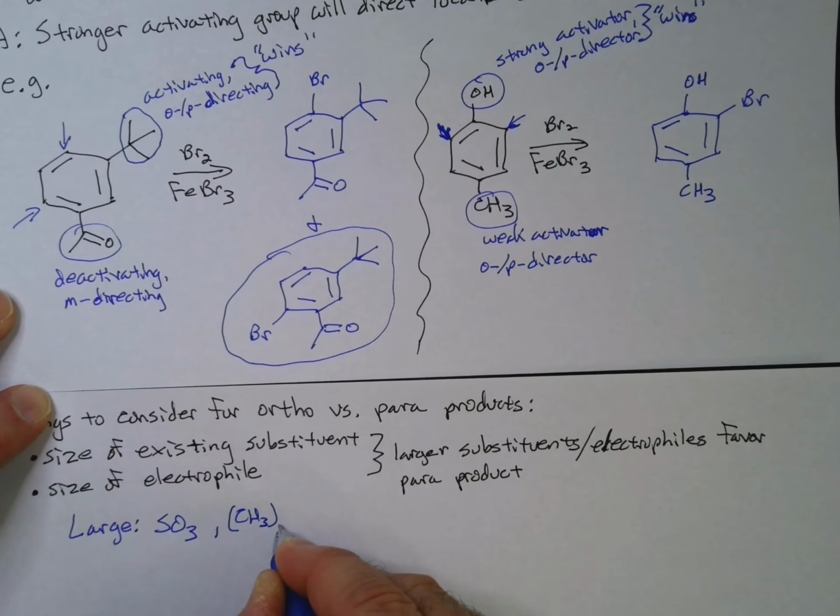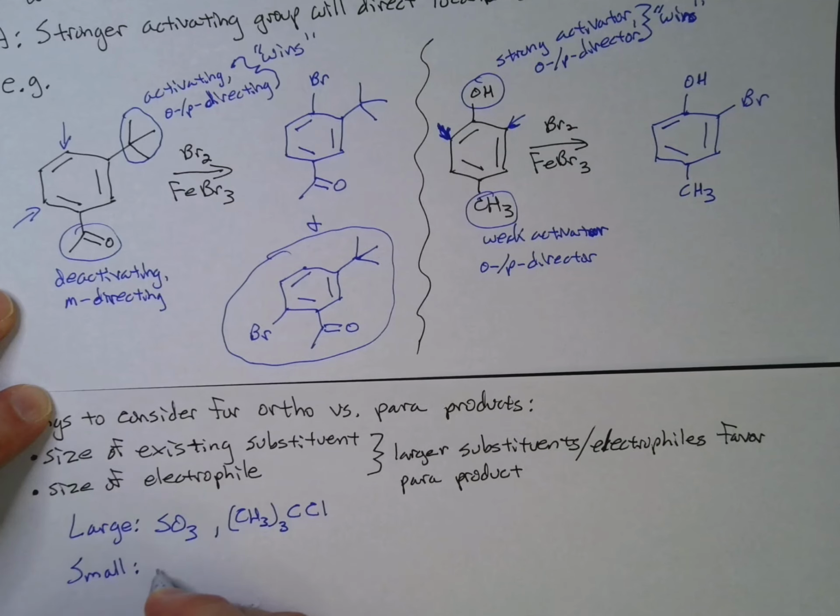If we had (CH3)3CCl, so certain Friedel-Crafts alkylations. Again, we don't use the alkylation too much because we usually do an acylation. Small nucleophiles tend to be things like Br2. That's a smaller nucleophile.